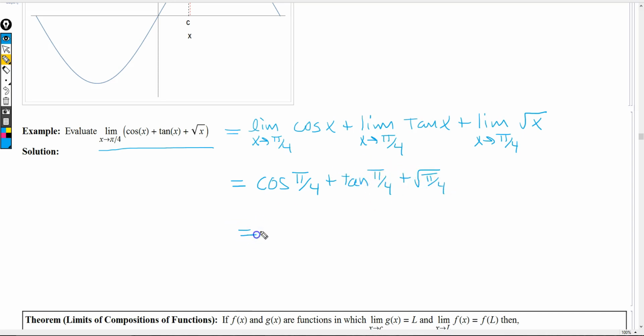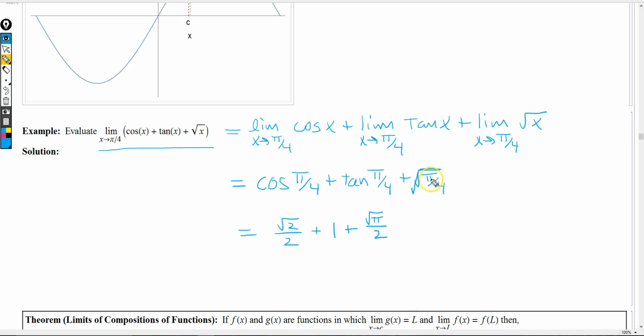and let's see, the cosine of pi over 4 is root 2 over 2. The tangent of pi over 4 is 1. If you're not sure of these, you can look them up on a table or use a calculator. And the square root of pi over 4 is just the square root of pi over 2, right? Just the square root. It's the square root of the whole thing here.